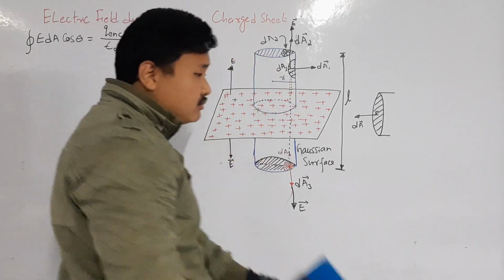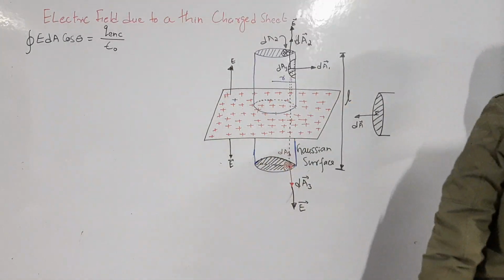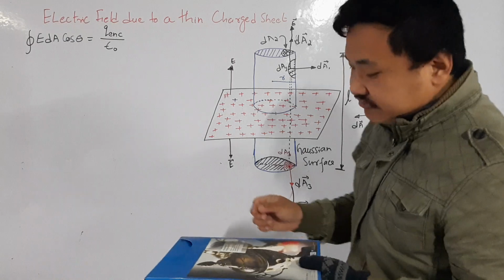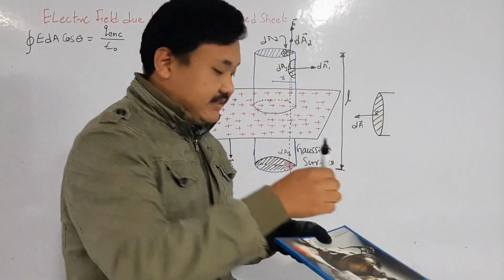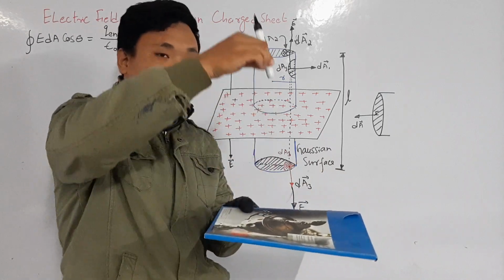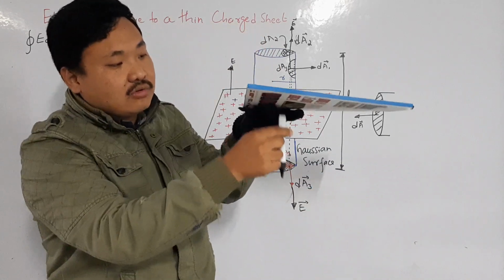Now see, you know that the electric field from the sheet will come in this direction. This is the direction of the electric field going above. Here also it will go down.